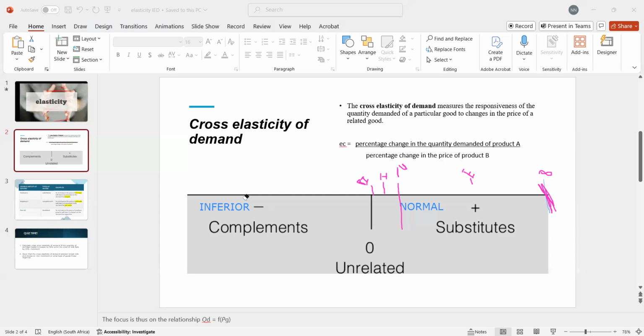We're focusing on cross elasticity and the types of goods. If for goods A and B you get a positive number, those goods are substitutes. If after calculating the cross elasticity of demand you get a negative number, those goods are complement goods. And if you get a zero, those goods are unrelated.